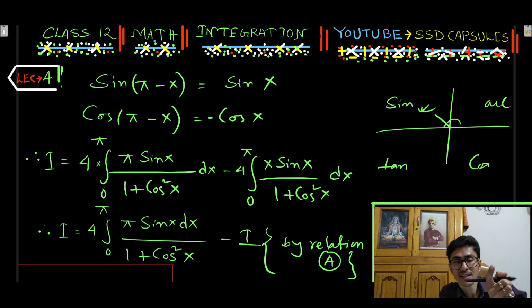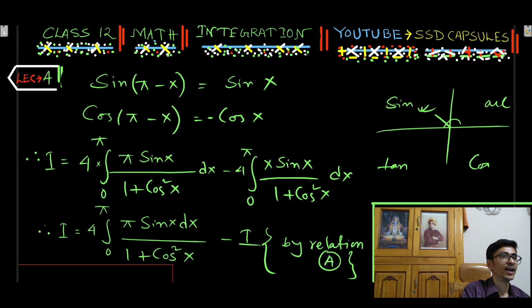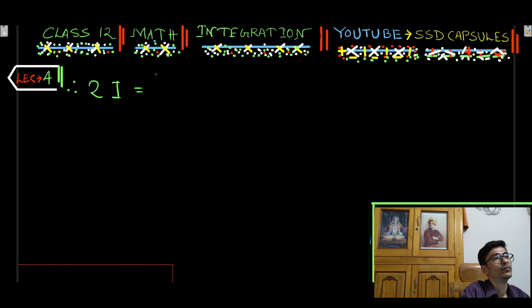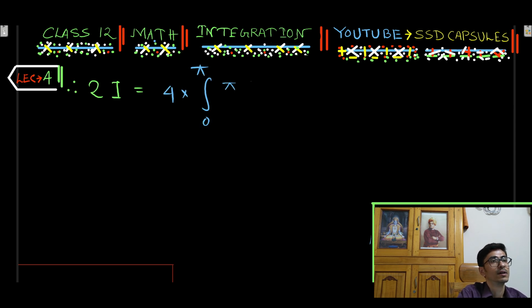So if we take this I from the right hand side to the left hand side, it becomes 2I. So therefore 2I equal to 4 into 0 to pi, pi sin x dx by 1 plus cos square x.